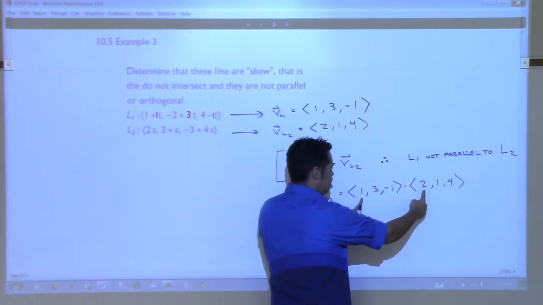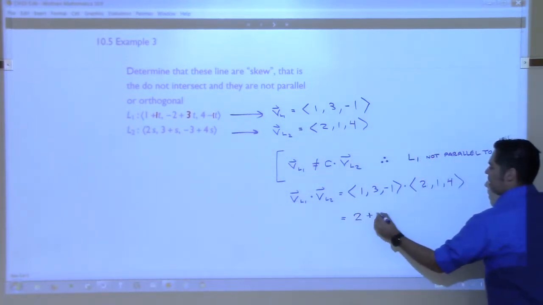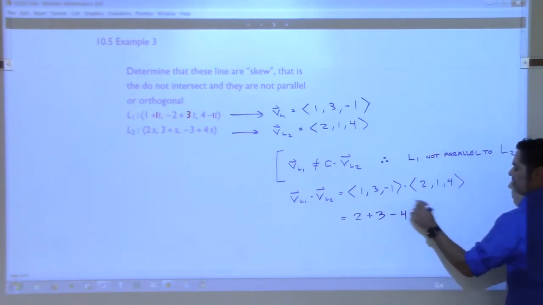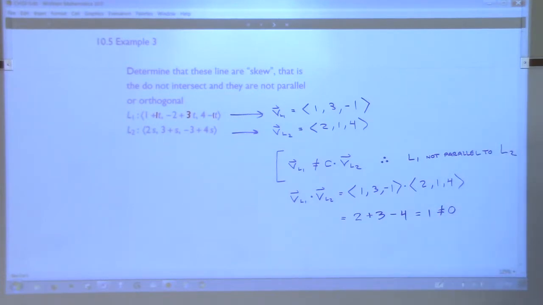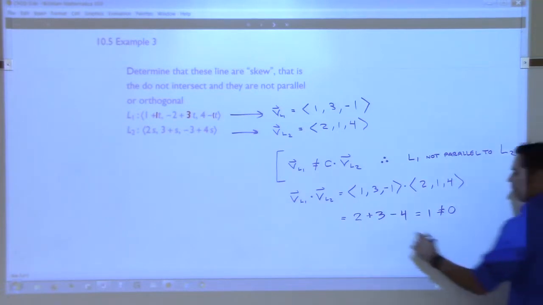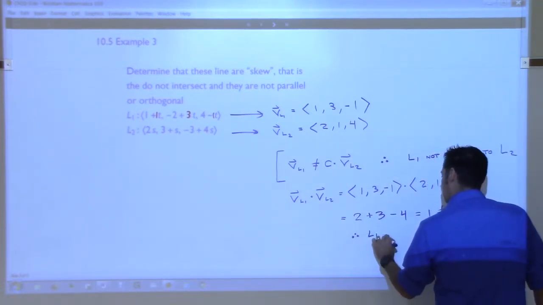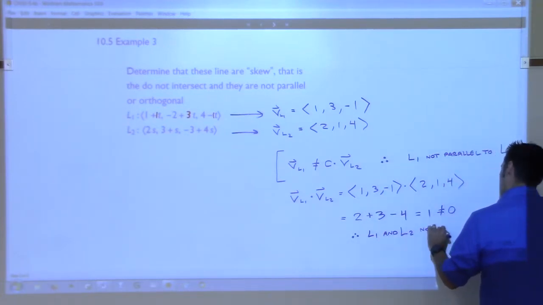So it'd be 2 plus, plus because the answer is a number, 2 plus 3 minus 4, and that is 1, and that is not 0, and therefore they are not orthogonal. Therefore, L1 and L2 are not orthogonal.